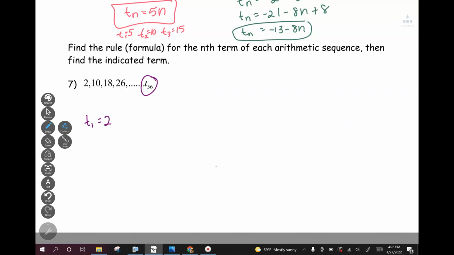T1 equals 2. My common difference is 8. So d equals 8. So writing my formula, Tn equals 2 plus 8 times n minus 1.